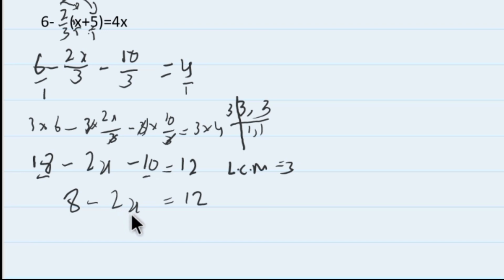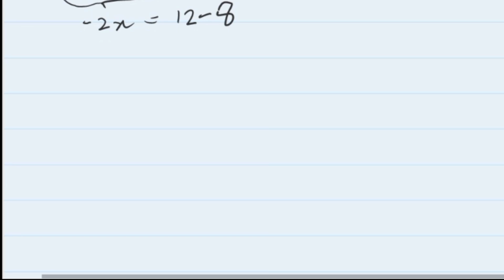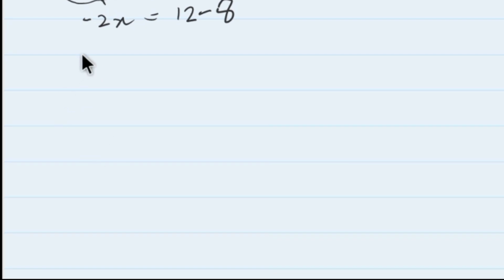So we will move 2x to the right hand side to isolate the like terms. Its symbol is minus, so its symbol would change to plus on the right hand side. Now we simplify them. So 8 is equal to 12x plus 2x, which is 14x.